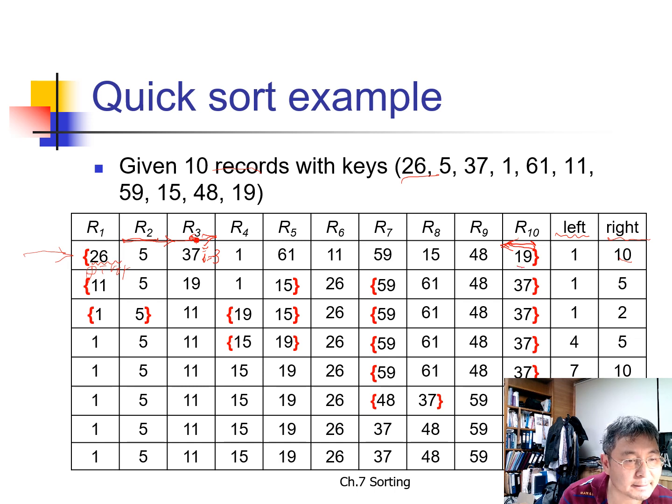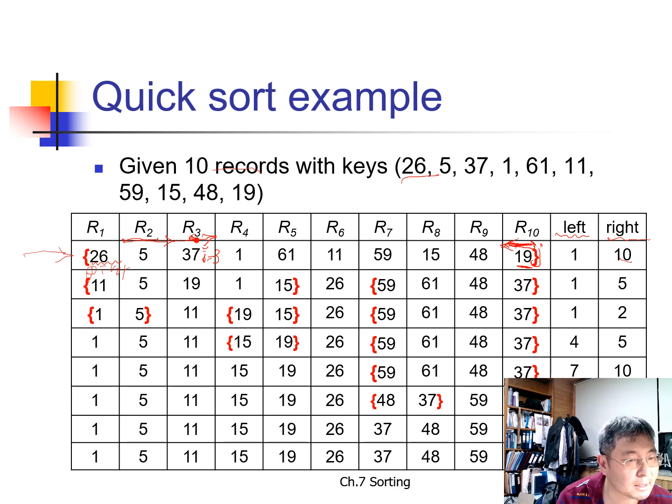Okay, so 19 will be compared with 26. If 19 is less than 26, yes, the J value is found here.